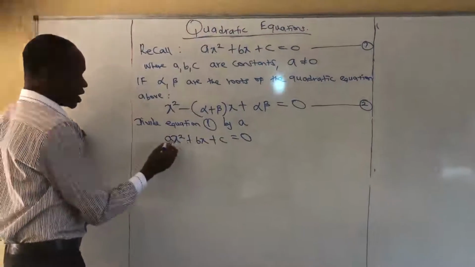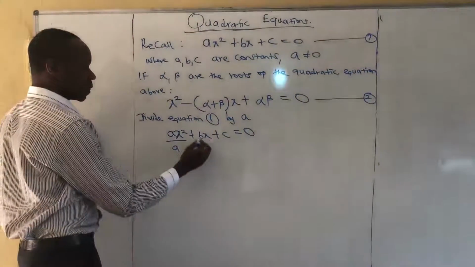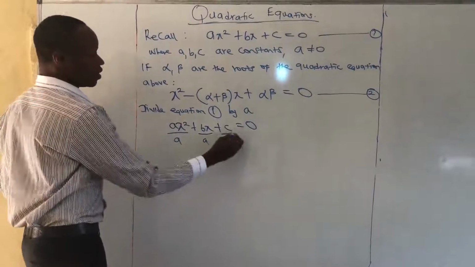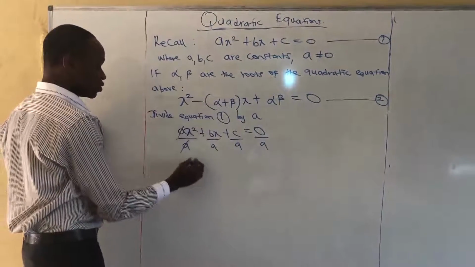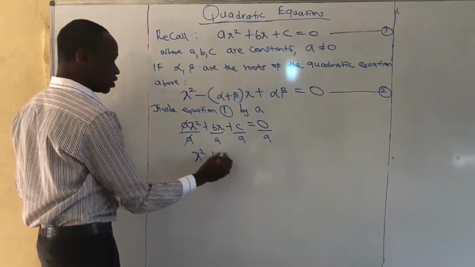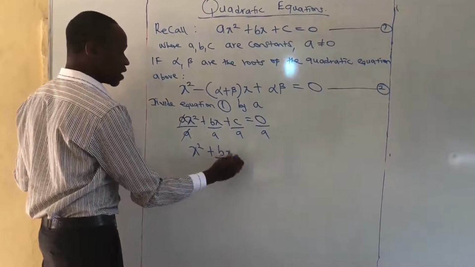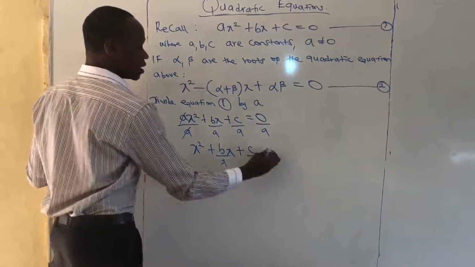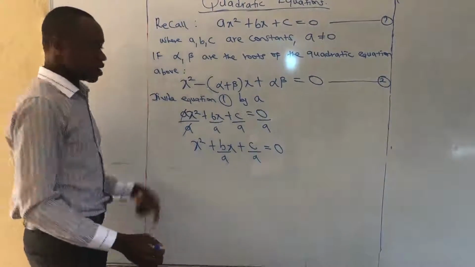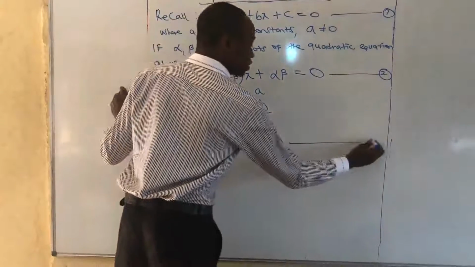If I divide by A, I'll be having over A, here over A, here over A, here over A. This will produce x squared, plus b over a x, plus c over a, equal to 0. Permit me to call this equation 3.